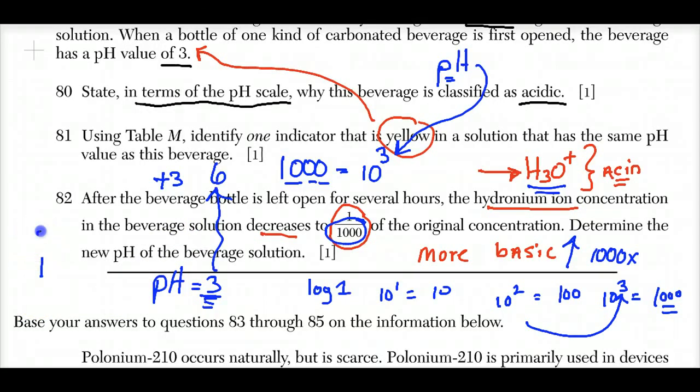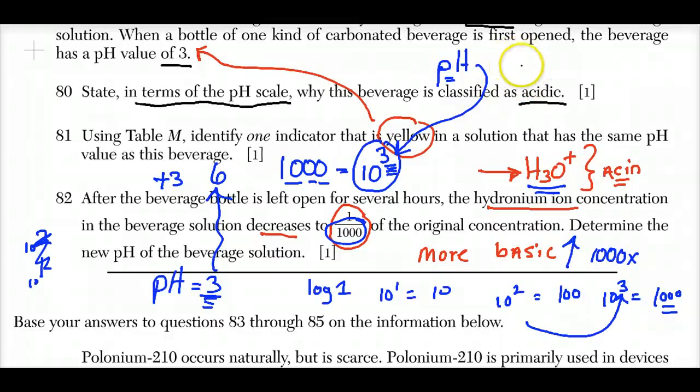So if you go up 2 integers, it's really what? 10 to the 2, 100 times. 10 to the 1 is just 10 times. So because I'm saying the basicity is increasing 1,000 times, that means 10 to the 3, and the 3 is what we use because pHs are based on this exponent.